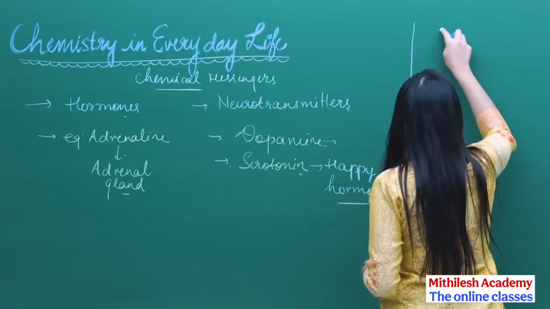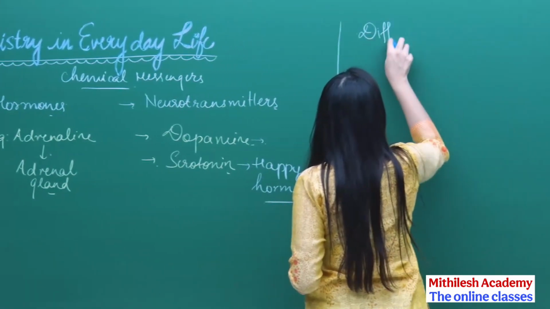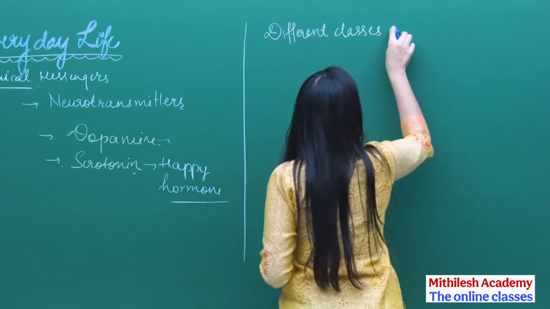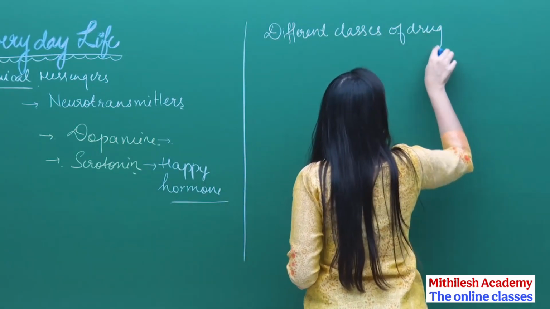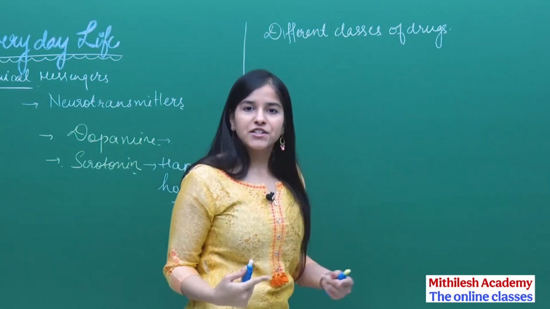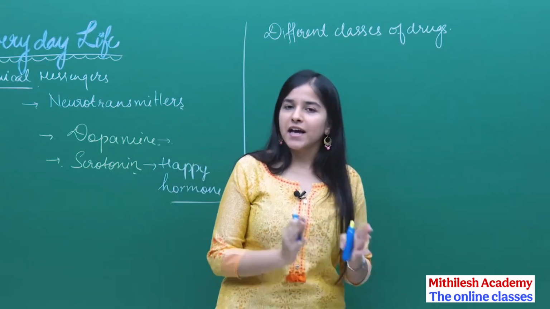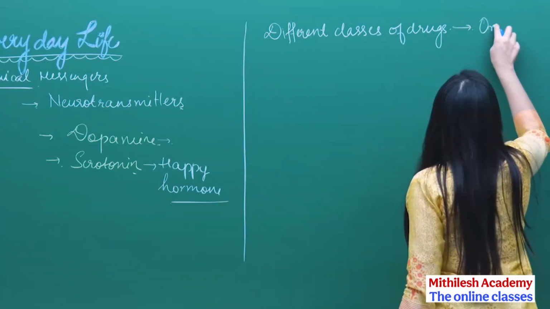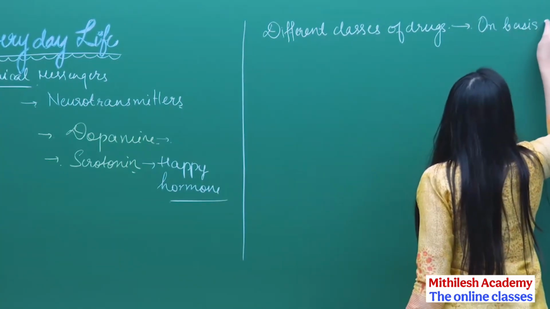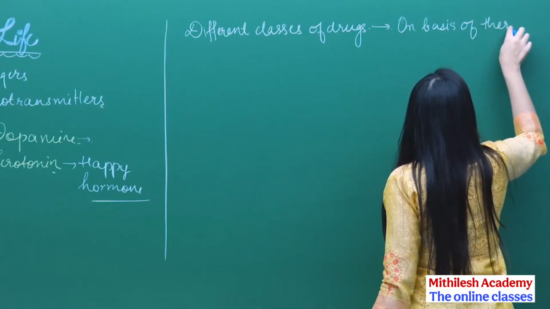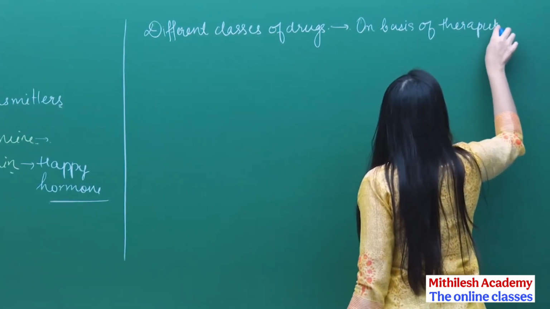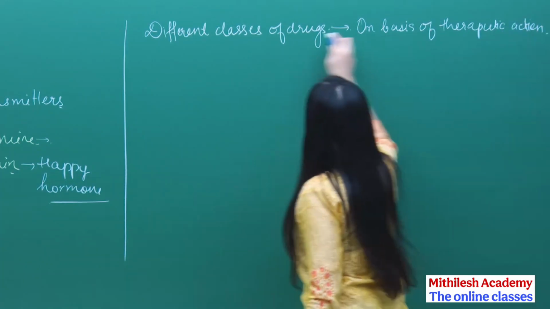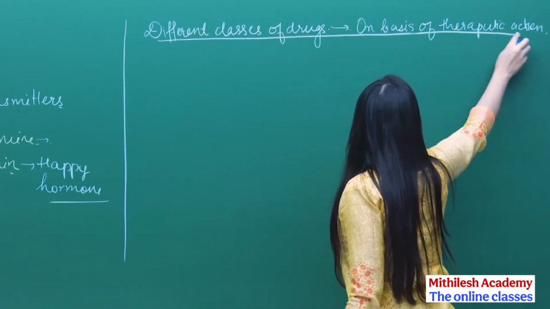So different classes of drugs, on the basis of how they act as a therapeutic agent, on the basis of their therapeutic action. That is what we are going to discuss under the different classes of drugs.